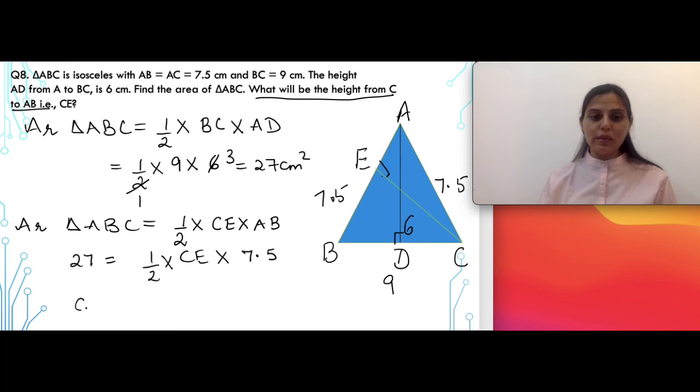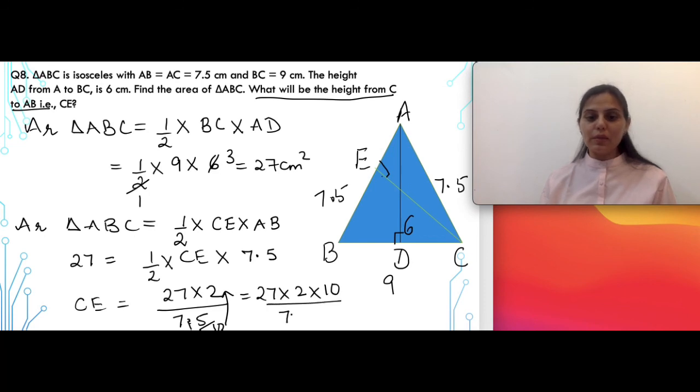So let's solve this. CE can be written as 27 multiplied by 2 divided by 7.5, or in the next step you can write 27 multiplied by 2 multiplied by 10. Why 10? Because when we remove the decimal for 7.5, we'll get 10 in the denominator, which will go in the numerator. Whole divided by 75.